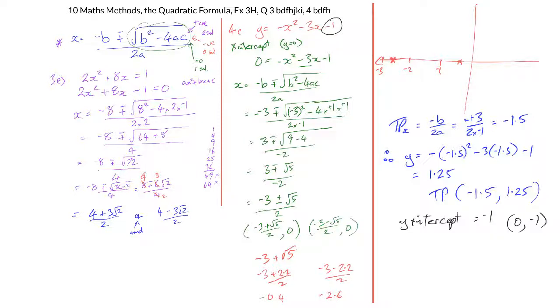Putting it all together, so there's negative 1, negative 1, positive 1, positive 2, our y values, our x values. We have negative 1.5 is our turning point x value, and its y value is 1.25. Remember, it's a sketch. Okay. And we have our parabola.